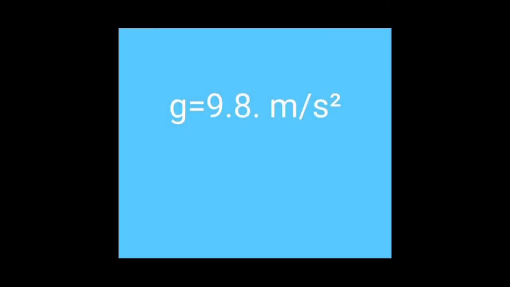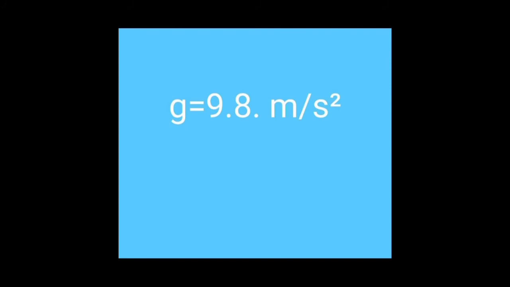Its SI unit is meter per second square, and its value is 9.8 meter per second square. So small g is equal to 9.8 meter per second square. What does it mean? It means that velocity of a freely falling object increases at the rate of 9.8 meter per second. And when the object just reaches the ground or earth's surface, its velocity is maximum.